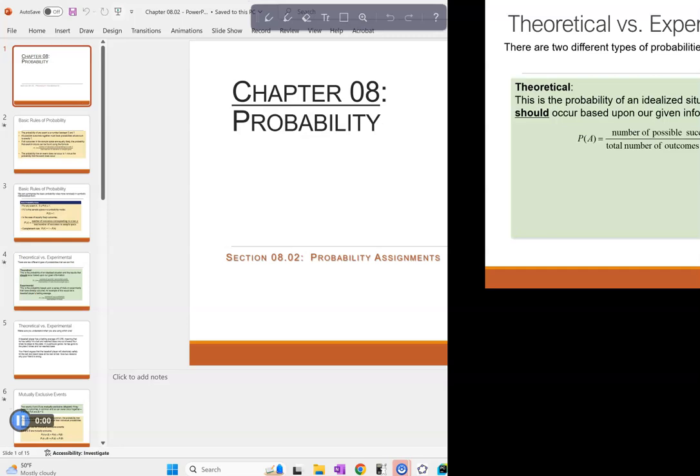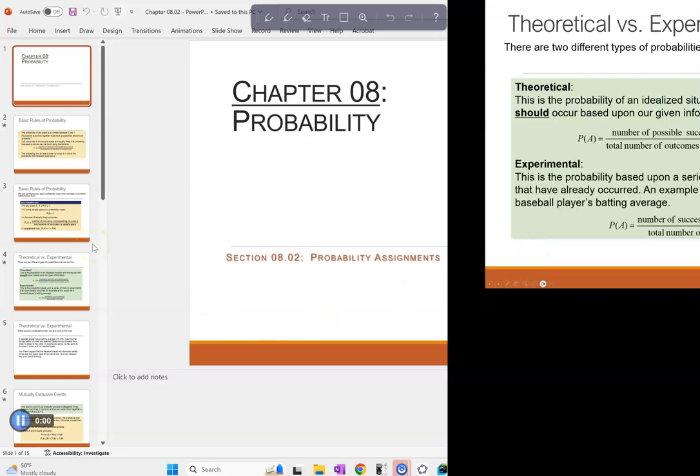So when we talk about calculating the probability of flipping 2 coins and getting heads and tails, we're doing a theoretical calculation, right? We assume the coin to be a fair coin, and the probability should behave as such.